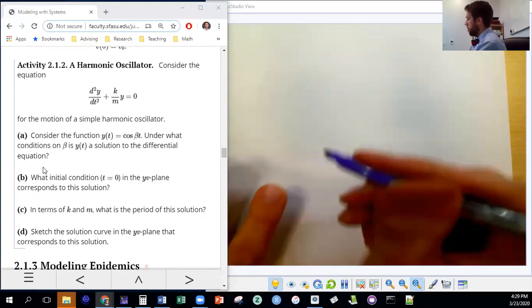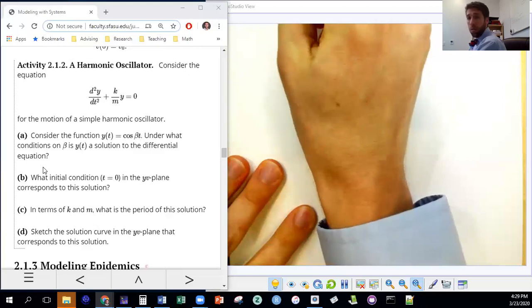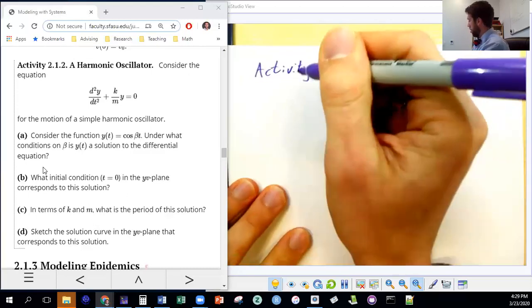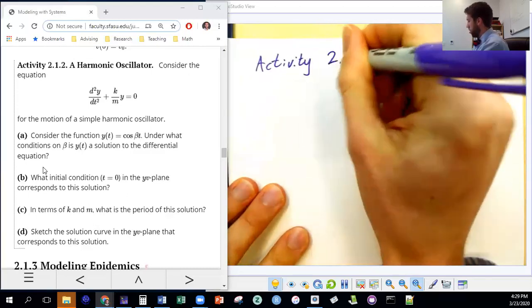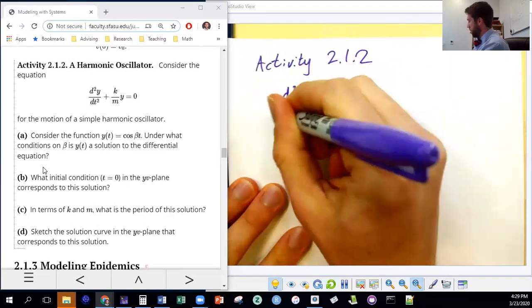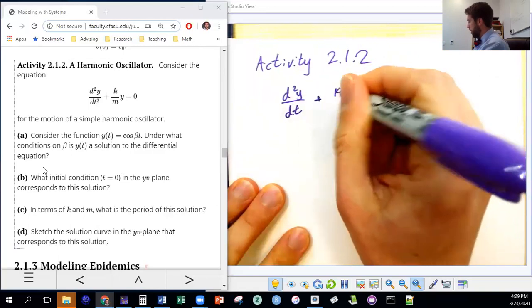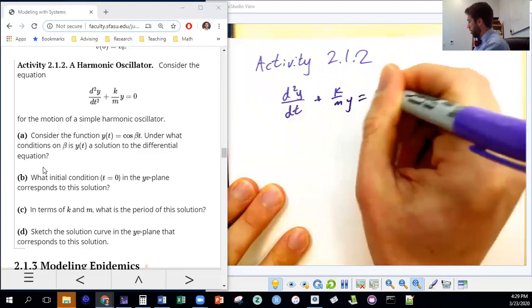Well, the second derivative of y with respect to t plus k over m y equals 0.